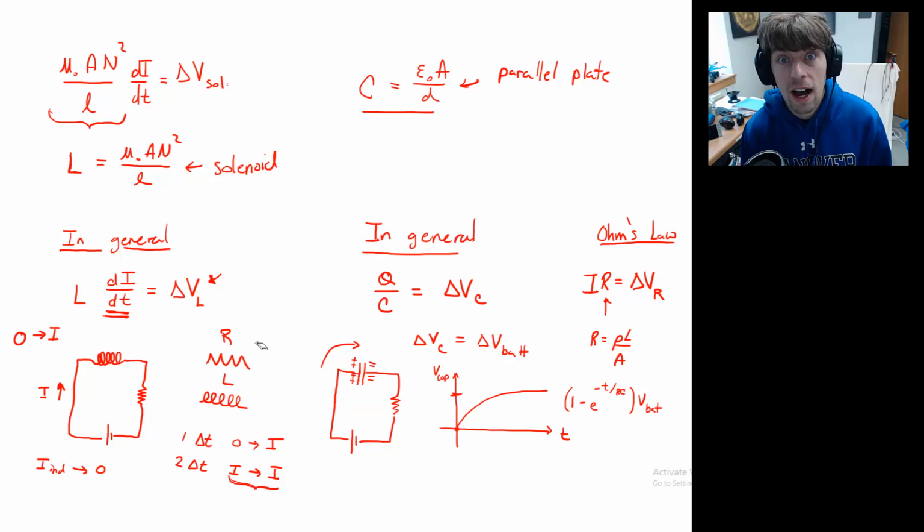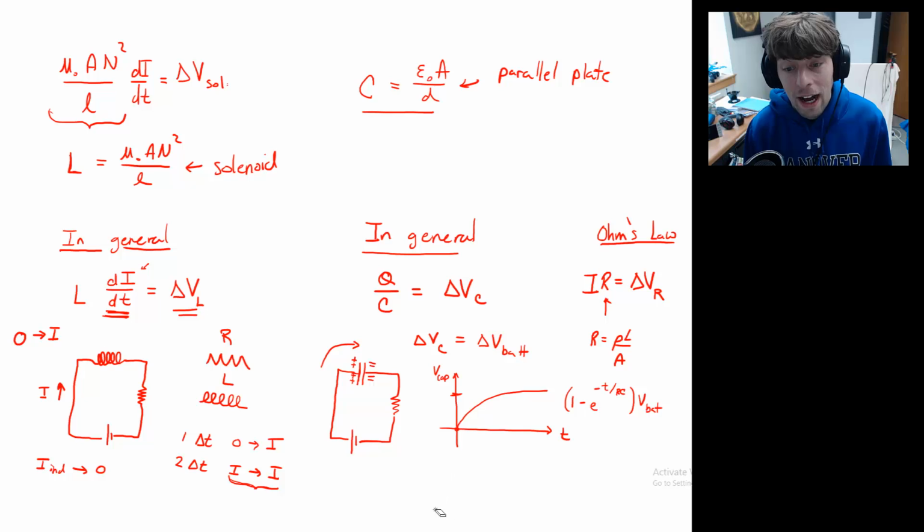If the current is constant, it doesn't change in time, and so the potential drop across the inductor is 0. So at long time intervals, the inductor looks like a perfect wire.